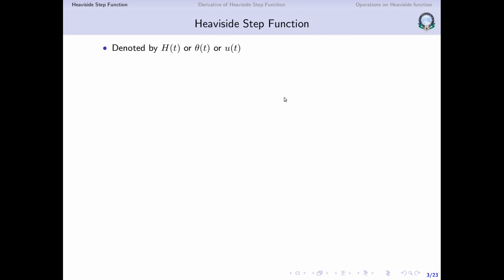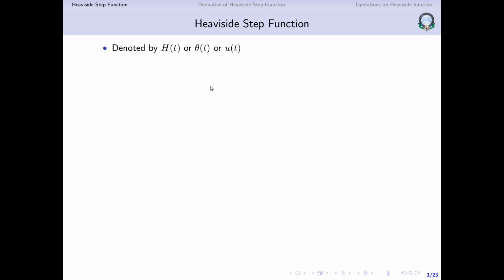So first of all, the Heaviside step function, we denote it by capital H, or by theta, or by U. In this lesson, I'll be sticking to this symbol. I'll be using H of t as the symbol for the Heaviside step function, even though in certain books and certain websites you might be finding the other symbols also.